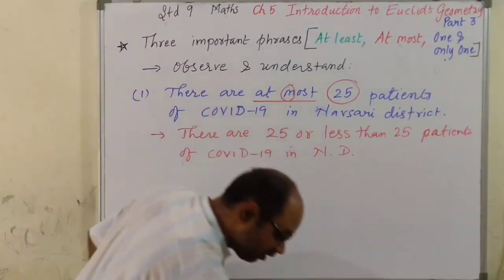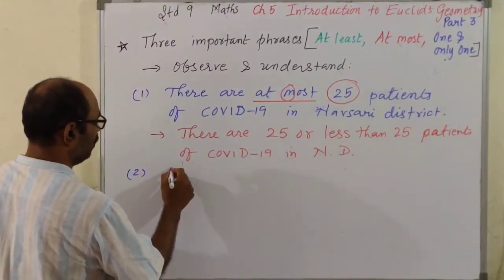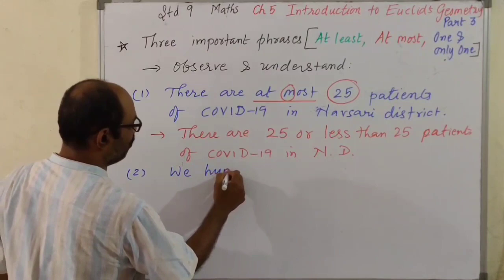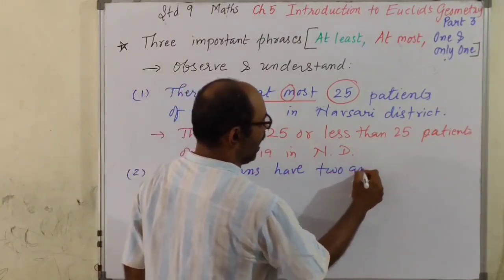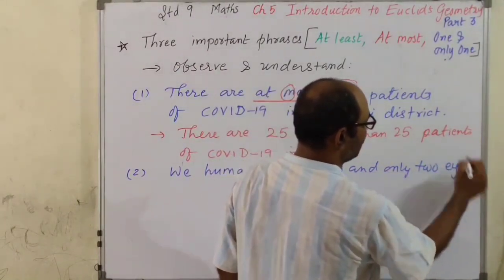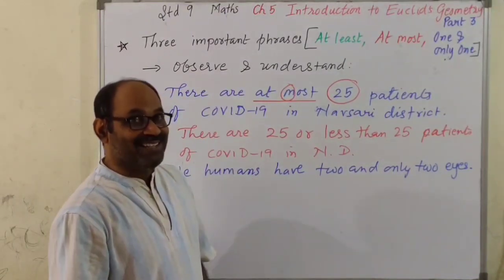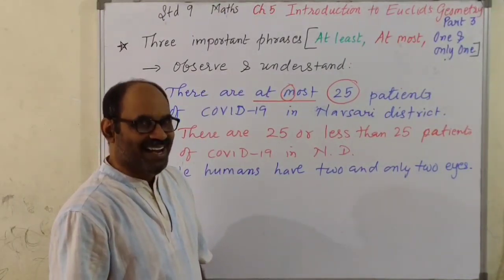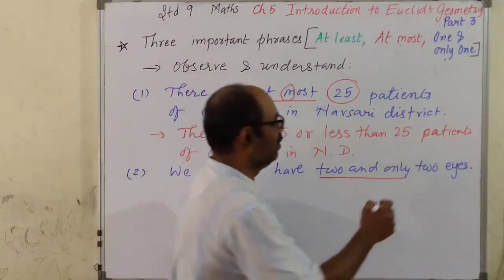Second, we humans have two and only two eyes. Any phrase? Which one? Correct? Two and only two.